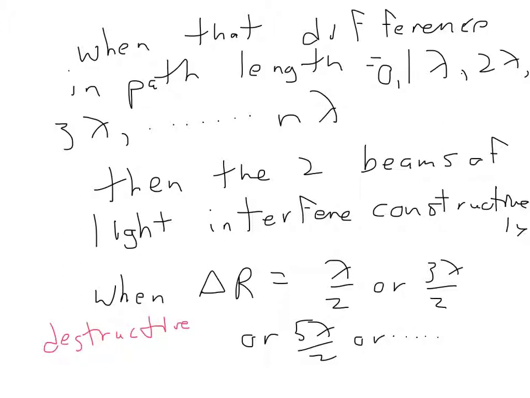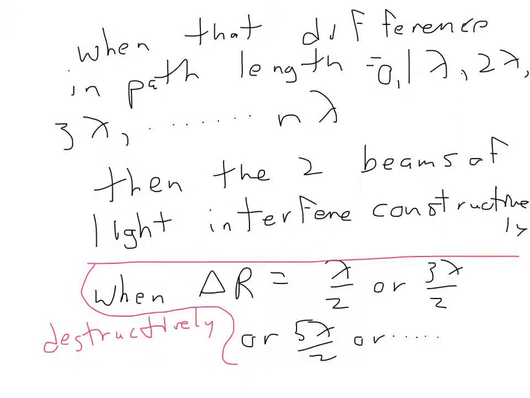And you'll see a black dot on the screen. Okay, so it's pretty fascinating. Notice that as you change the angle of light coming from the two slits, you will affect whether the two beams of light interfere with each other constructively, in which case you'll see a bright patch on your distant screen at a certain angle, or destructively, in which case you'll see a dark spot on the screen at some angle.